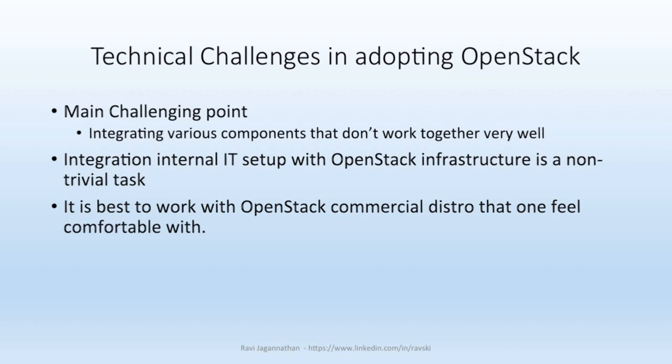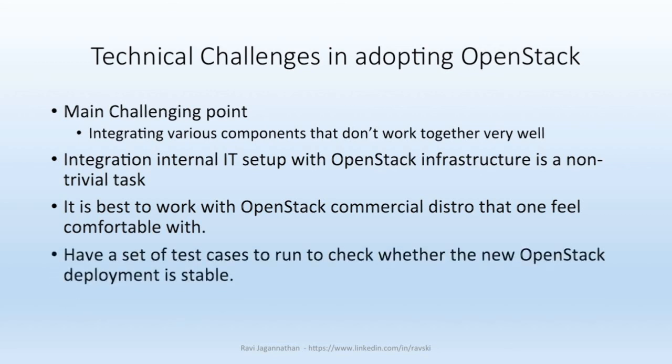So it is best to work with a commercial OpenStack distro rather than putting together your own OpenStack distro, which some people tend to do. I would highly recommend people have a set of test cases to run and check their OpenStack deployment before they roll it out.